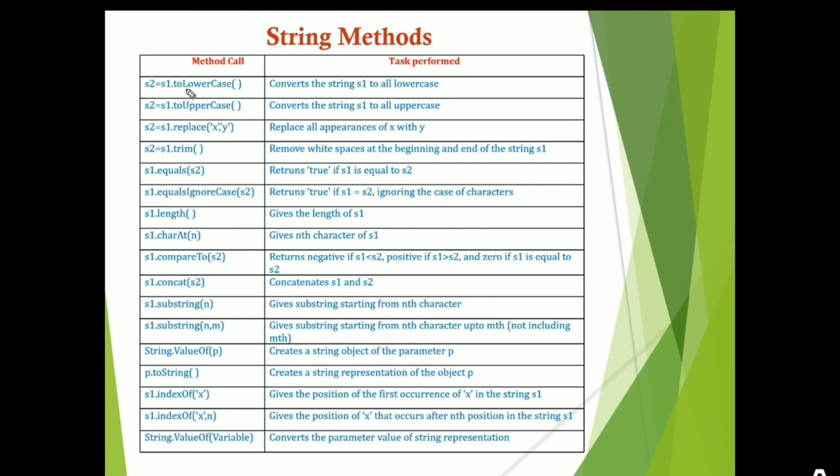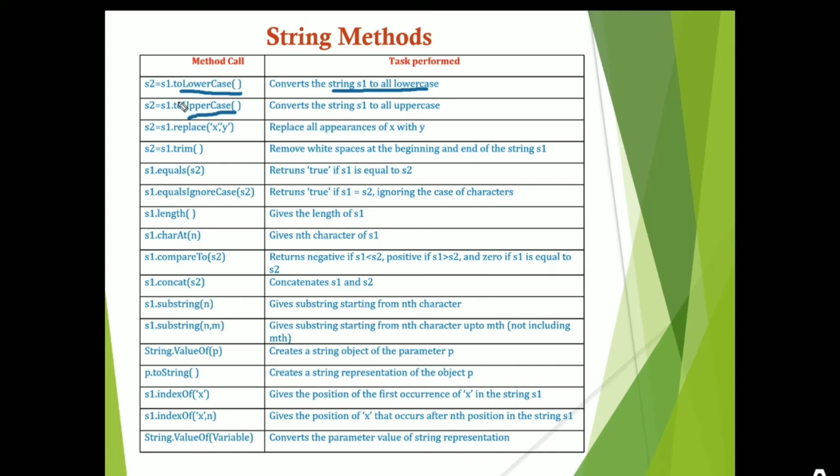The toLowerCase method is used to convert the specified string to lower case. Whether it is upper, lower or sentence case, it can be converted into small alphabets, and for this we can use the toLowerCase method. The opposite of toLowerCase is toUpperCase.